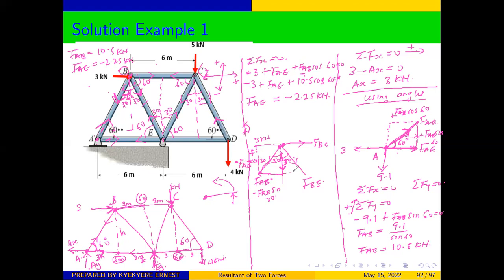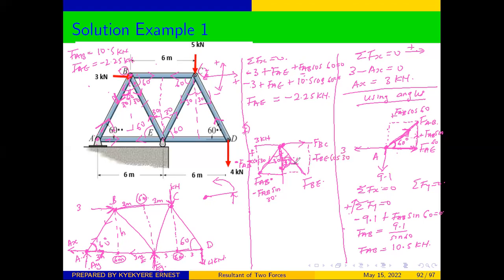You can also resolve the force here into components. I'm talking about FBE. We are starting from this point and coming down here. Therefore, Y also will be coming down, so our Y component there is going to be negative FBE. But look at our Y, it's adjacent to the angle 30 here. Therefore, it will give us cos 30.